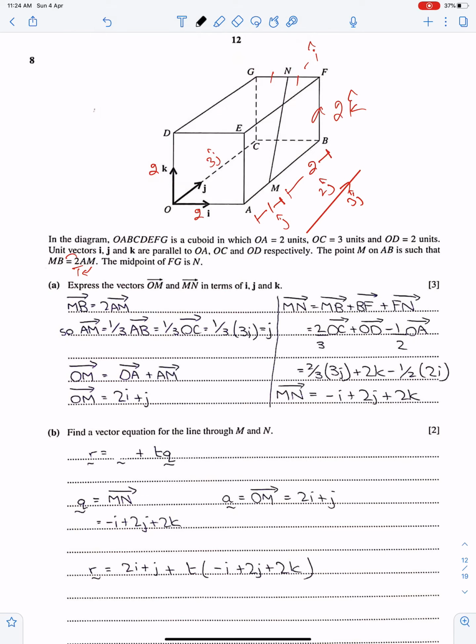She used M, so you can write M here. So this is M, t is here, and this is MN. This is the equation of line MN. This is the direction vector of line MN. And you can use either M or N here. Since we have M, we use M here.